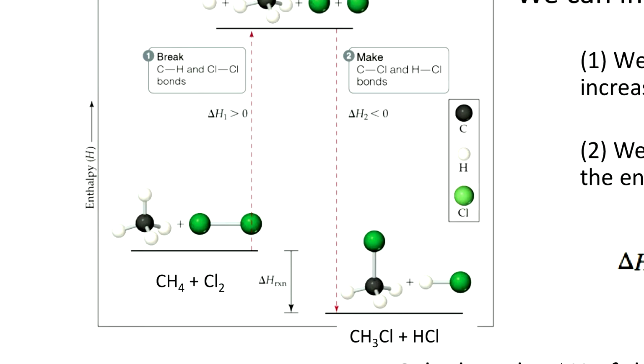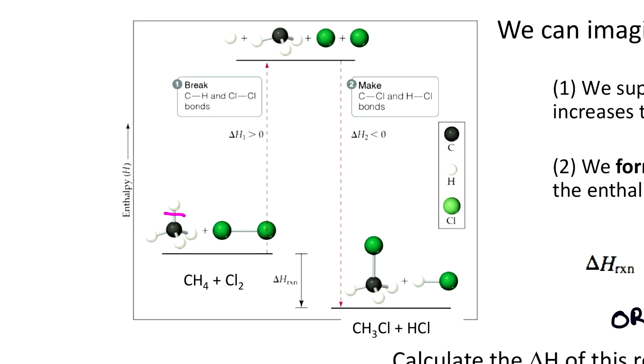What we actually have to do at a step-by-step level is break this bond, break that bond, because then we have the white and the green atom loose, then swap them, all right? So we're going to break these bonds so they're loose, and then you can make new bonds. We're going to make a bond there, and a bond there, and make these bonds on this side.